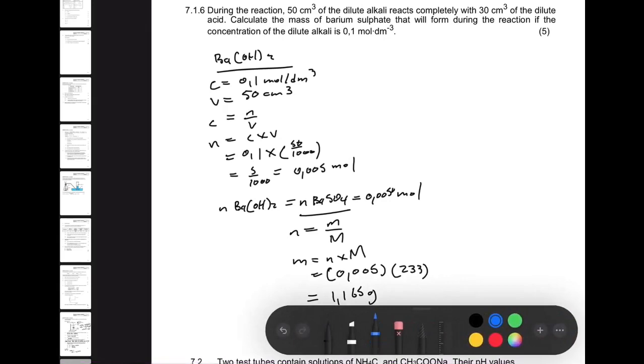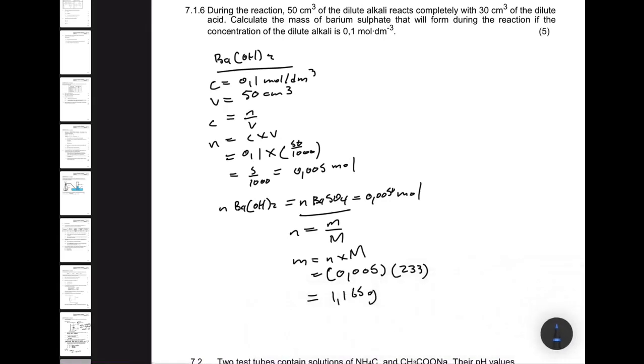Let's just recap for the last time. We're given the concentration and the volume of dilute alkali, or barium hydroxide, right, which was used, and then we figured out that it's our limiting reactant, right, because we are told that it reacts completely.